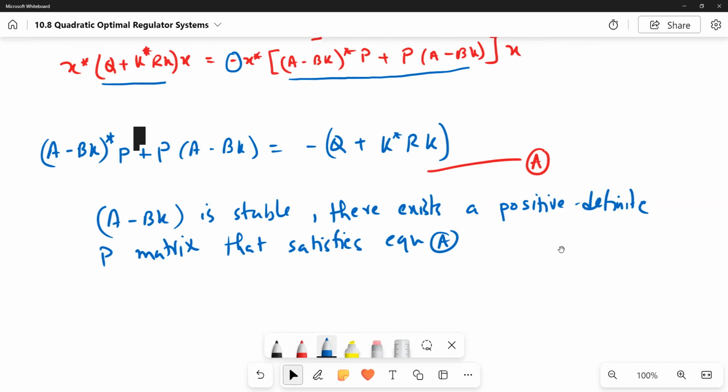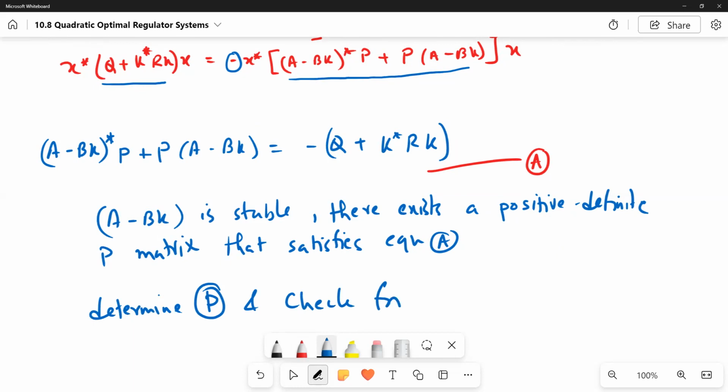So what is our procedure now? Our procedure is to figure out P. Ultimately what we have to do now is determine P and check for its definiteness. We are looking for a positive definite P matrix.